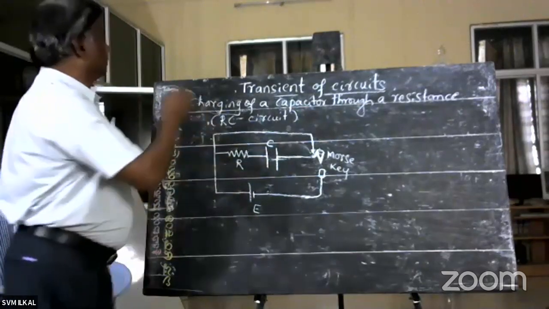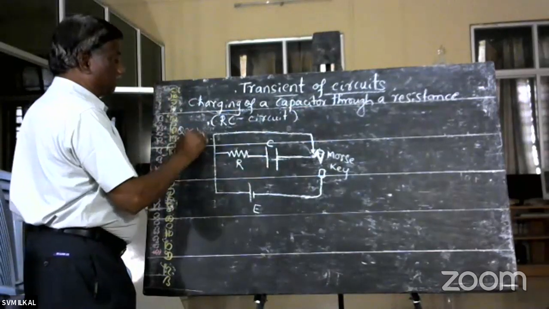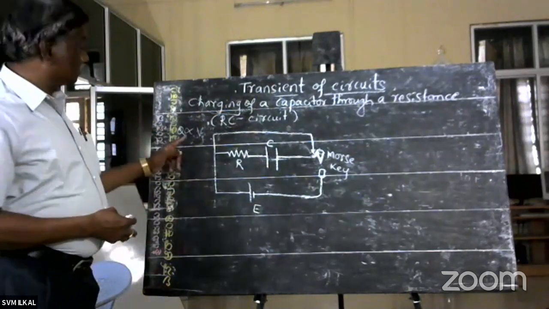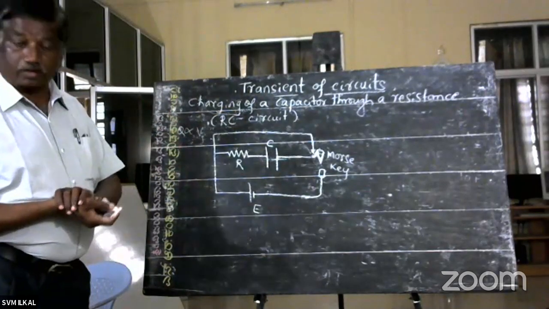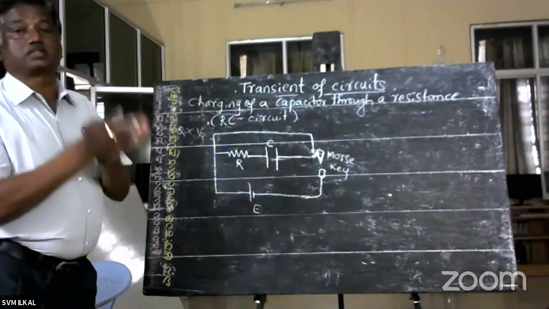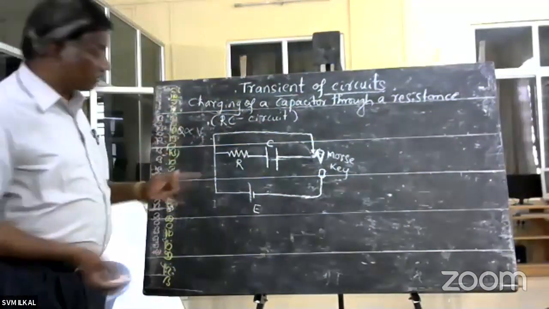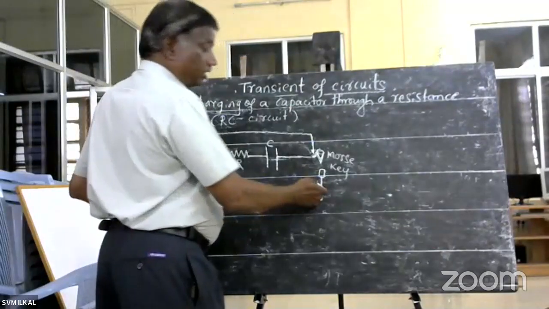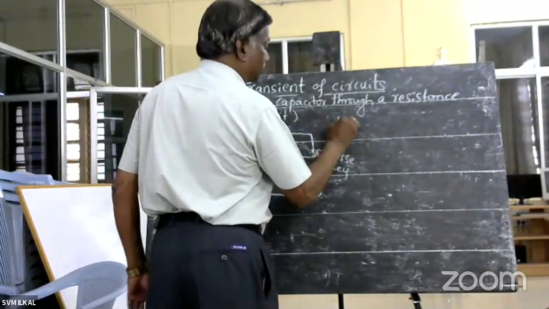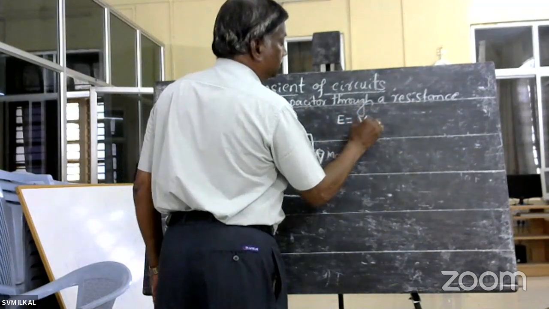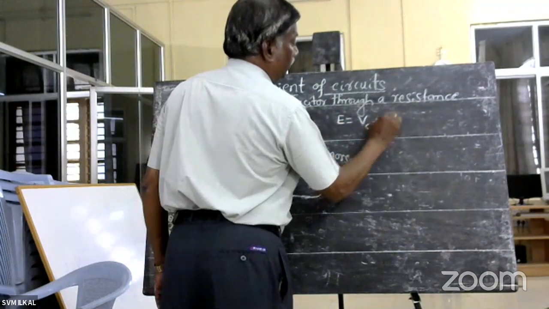Because as you know already, Q is directly proportional to V. Whenever the charge increases, the voltage across the capacitor also increases. If the charge is minimum, the voltage is minimum. When the charge is maximum, the voltage is also maximum. That's why the total EMF of the battery in the circuit is always equal to VC plus VR.